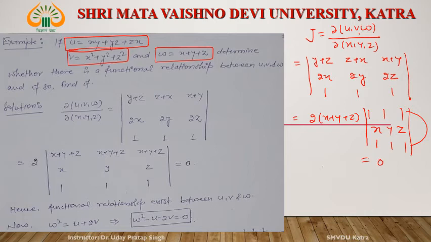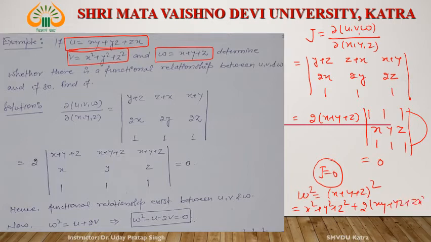This J is 0, then property number 3 says that there is a relation between u, v, w. You have to find out that relation. What is that relation? v is x square plus y square plus z square, and w square, that is (x plus y plus z) whole square, what is this? x square, y square, z square plus 2 times xy, yz, zx.